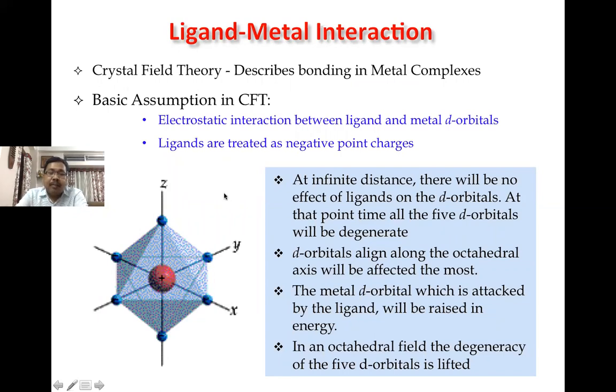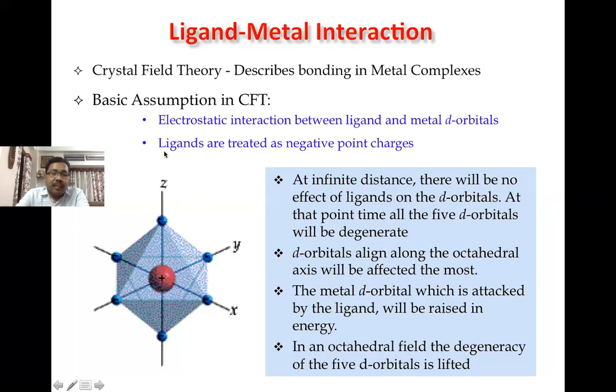When these ligands are far away from the metal center, they will have hardly any effect on the d orbitals. And at that point of time, all the 5d orbitals will be degenerate. It has been observed that the d orbitals aligned along the octahedral axis will be affected the most.